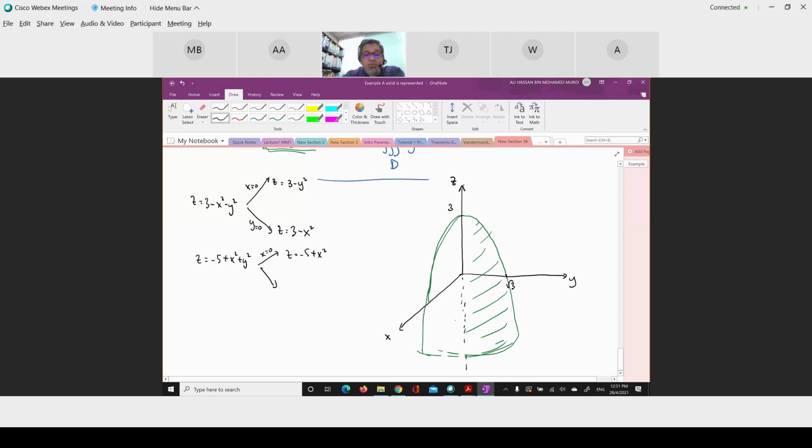When x is 0, z equals minus 5 plus y squared. So when y is 0, z equals minus 5. And then it opens upward, right? In this case, we have a parabola that opens upward, with square root 5 here. Like this. Okay.